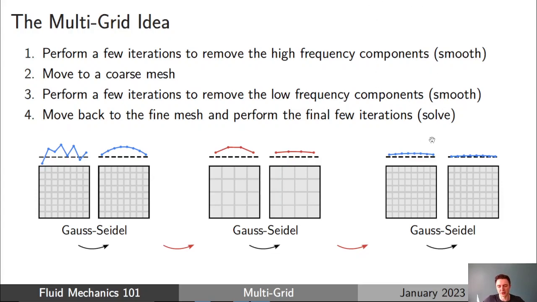This is the final solving part. So you can think of this as taking out the middle part of the Gauss-Seidel algorithm. After we've done those first few smoothing iterations, the middle part, where we have to spend a long time pulling the low frequency components of the error down, we're going to do instead on a coarser mesh where we're much quicker, and then move back to Gauss-Seidel for the final few iterations of the algorithm.